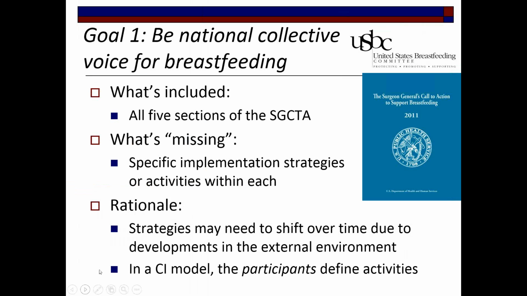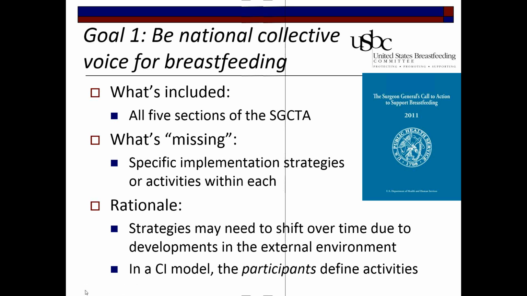Those are both just a couple of examples where there's been external shifts or trends, new initiatives happening in recent years that were not included in the Surgeon General's call, but that our framework under Goal 1 gives us that flexibility to still hold the space for those other activities. And they can spring up based upon our participants' levels of interest and engagement in collaborative work around that.